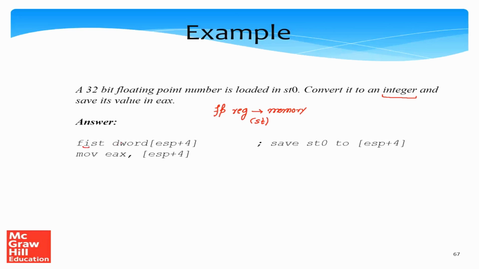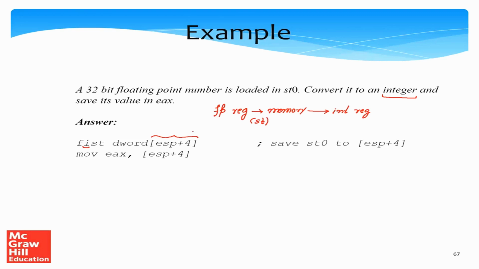So we want to save this in a memory location first, and then transfer it from memory to an integer register, because we cannot directly transfer a floating point value to an integer register. So what we do is that we assume that, let's say, this location on the stack, ESP+4, is free.